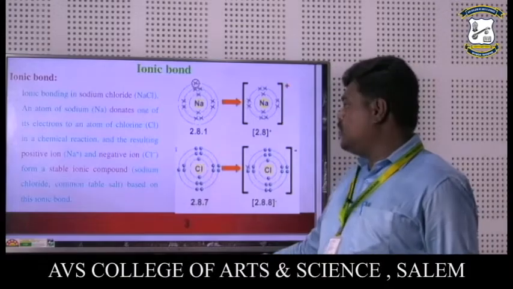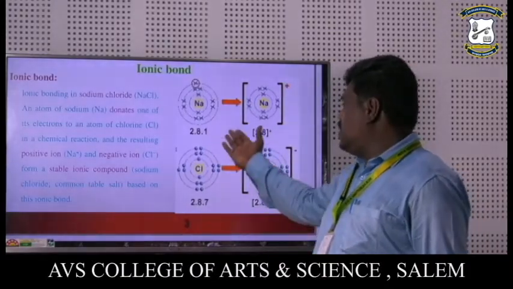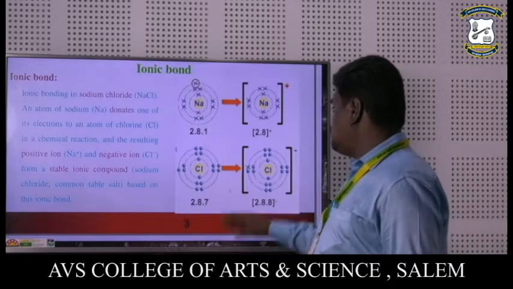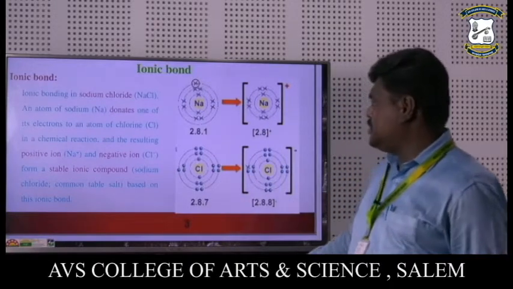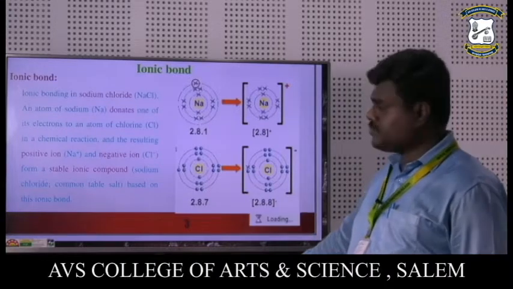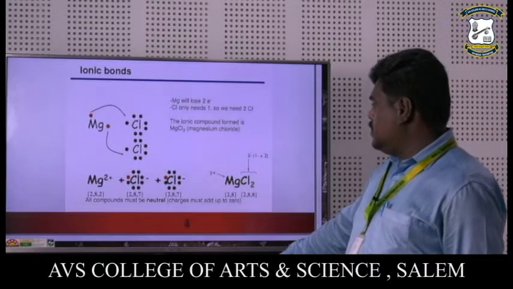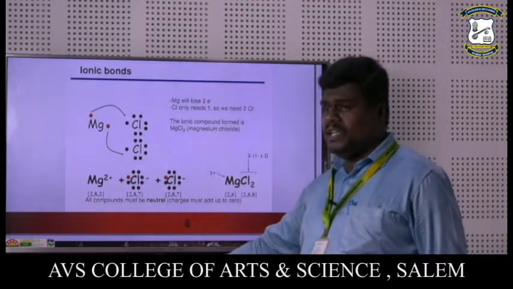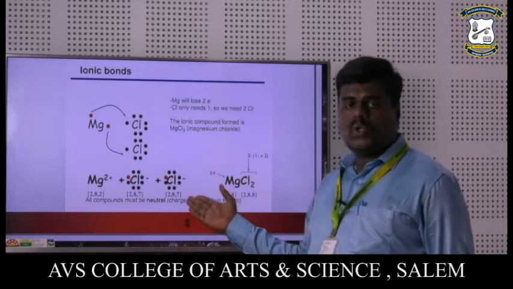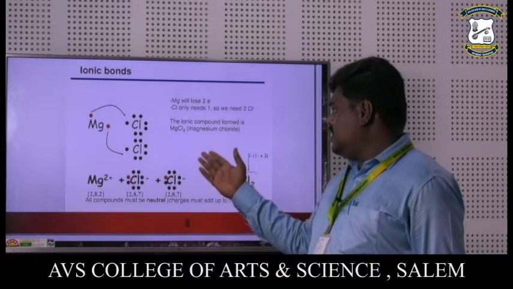Next, we also represent this type of representation. Another example is magnesium chloride. In a similar way, for Mg, 3s2, the outermost orbital of magnesium has 2 electrons.